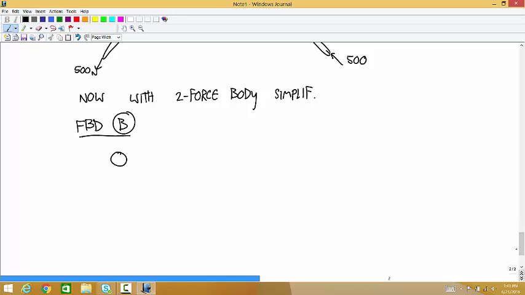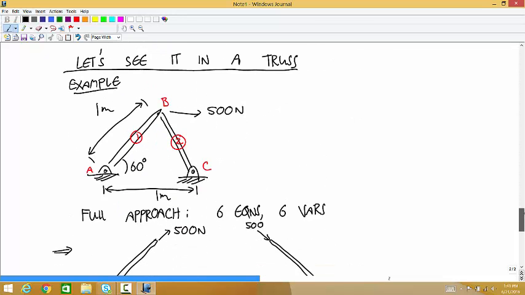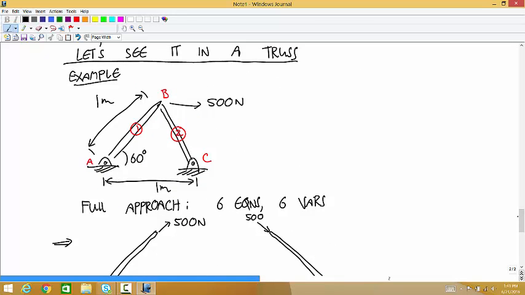So what forces are acting at that pin at B? Yep, F1 is a tension going towards A, F2 is towards C, and then we have that 500 Newton force.